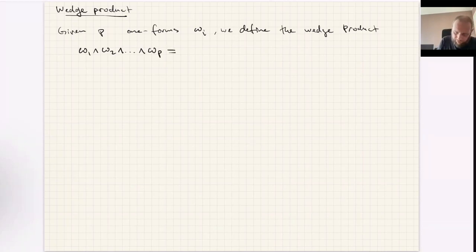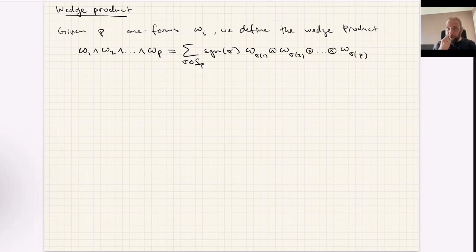This is the sum over all elements of the symmetric group of p elements, so permutations of p elements. You remember them from our discussion on group theory. We take the signum function of sigma, I'll discuss that in 2 seconds, and then we take the tensor product of all of these forms, but with the order given by this permutation, up to omega sigma of p, right?